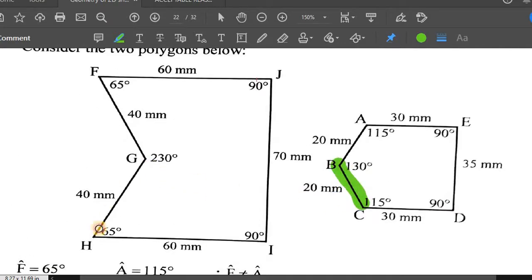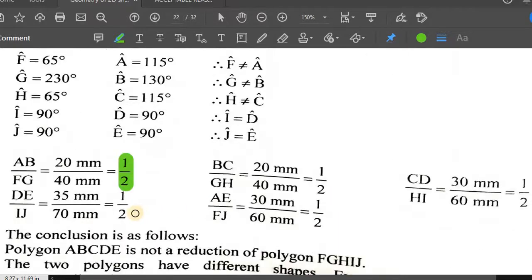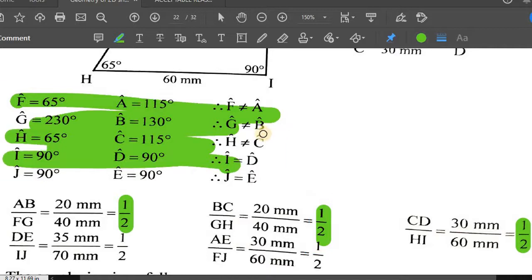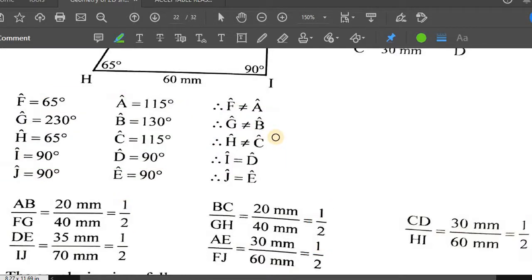Here, 20 over 40, 1 over 2. Our 30 over 60, 1 over 2. If you do the rest of it, you're going to see that all our answers are 1 over 2. So what can we conclude now? If all our ratios are in proportion, but the angles are not equal, then these two shapes are not similar.